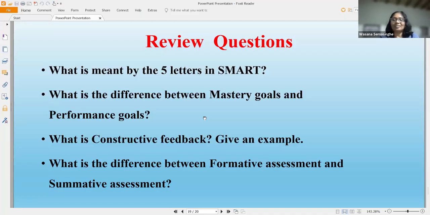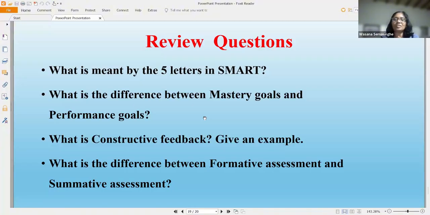We learned that mastery goals are focused on learning, understanding, and improving skills. Students with mastery goals want to gain knowledge and become better than they were before. They see their mistakes as opportunities to learn. There are such students in your classrooms who ask, teacher, where did I go wrong?